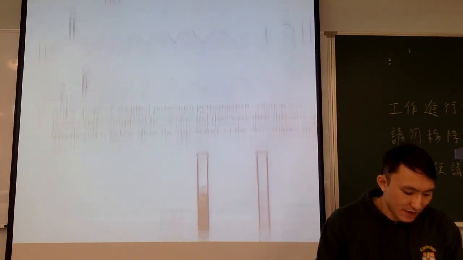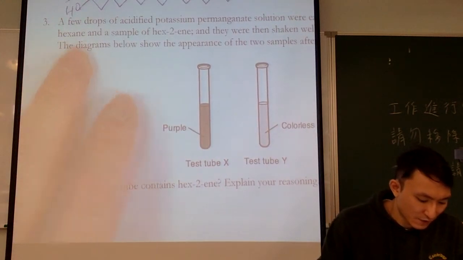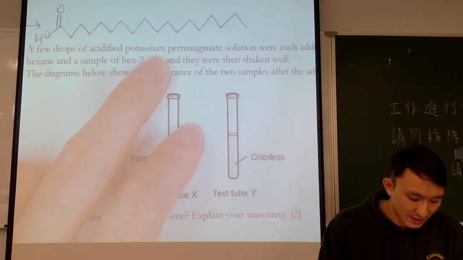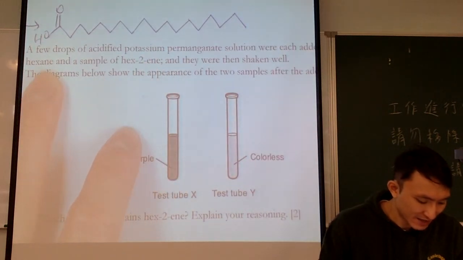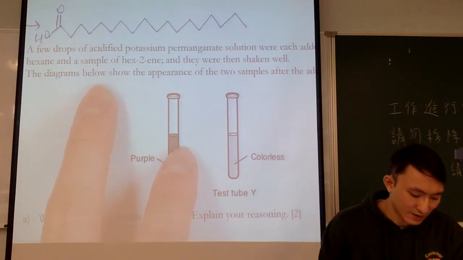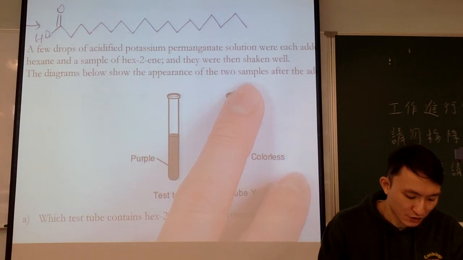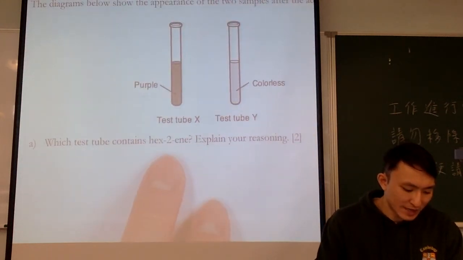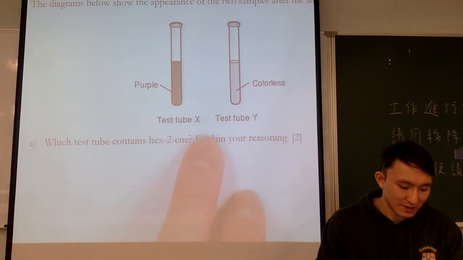Okay, now down here, a few drops of acidic potassium permanganate solution were added to a sample of hexane and a sample of hex-2-ene, and they are shaken well. And the diagram shows you the appearances of the 2 samples after the addition. So which one is hex-2-ene, X or Y?